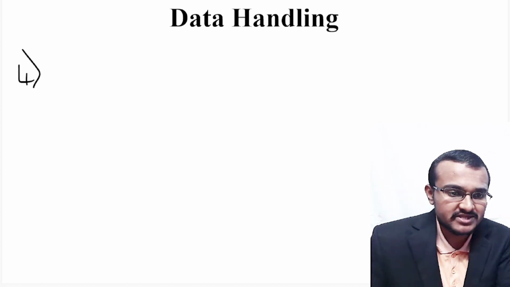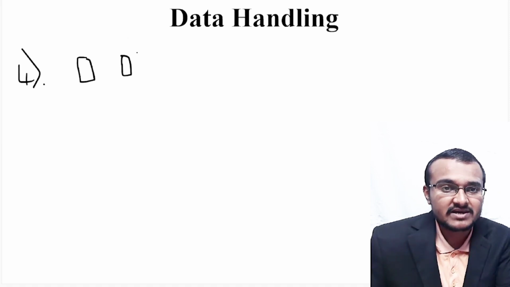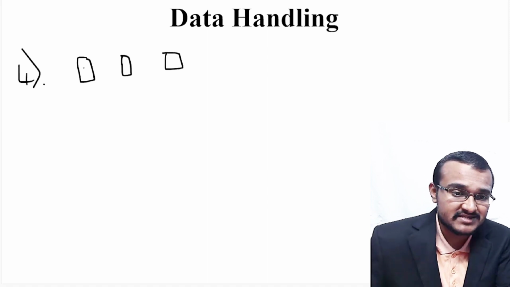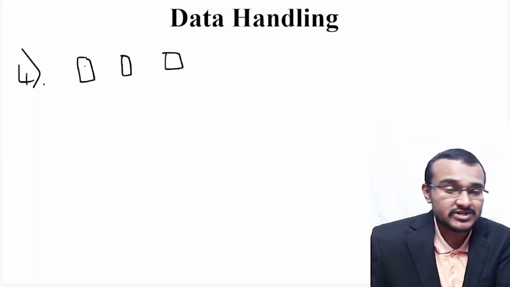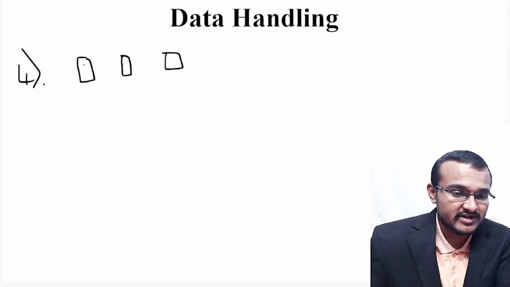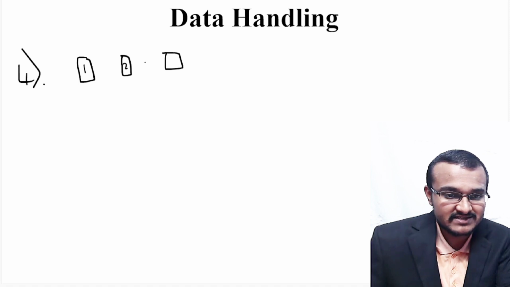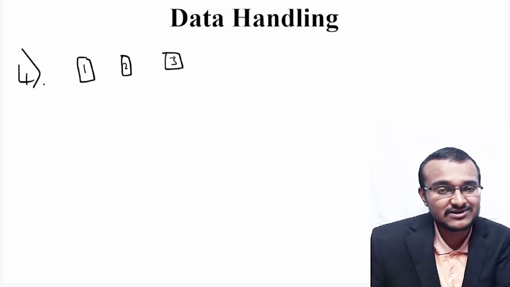Coming to the fourth question, they have given a situation where they have taken 10 pieces of paper. On each piece they have written one number starting from 1 ending at 10. They have not repeated the numbers. For example, on the first piece they have written 1, on the second they have written 2, and they have written 3 on the third.